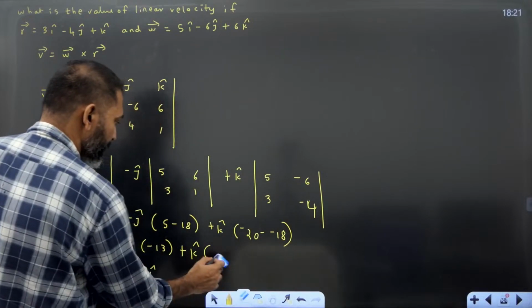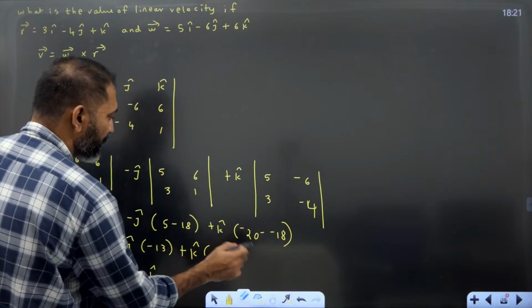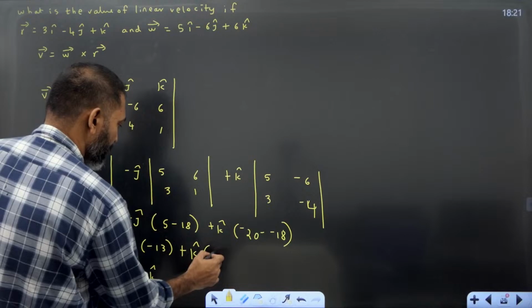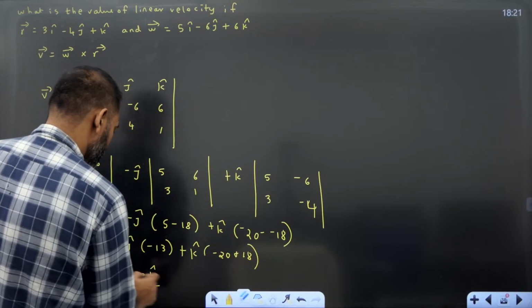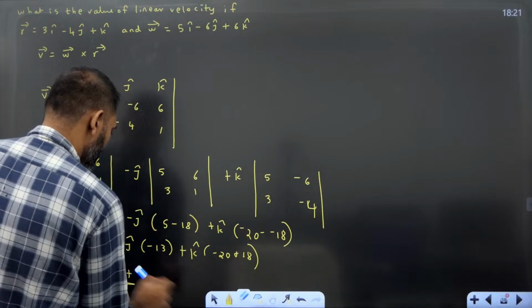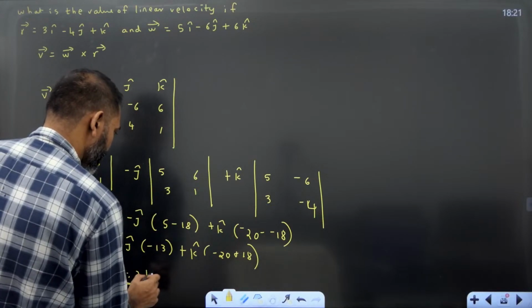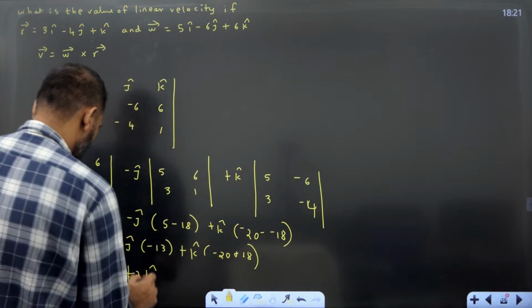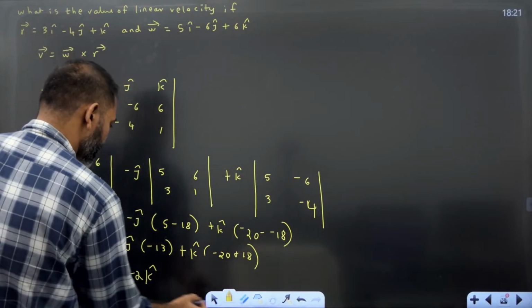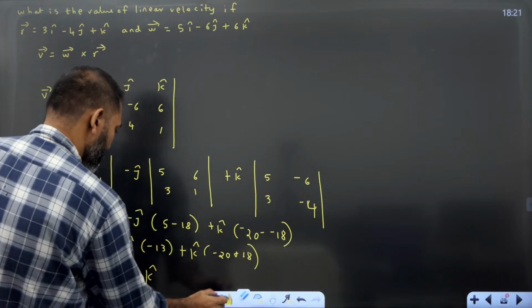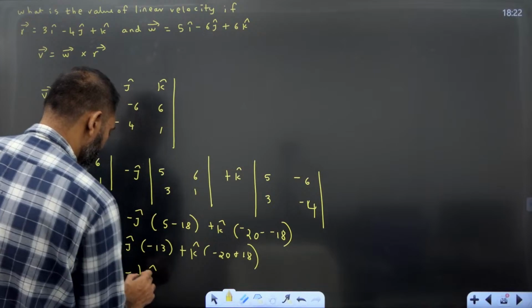So minus 20 plus 18, that is minus 2 k cap.